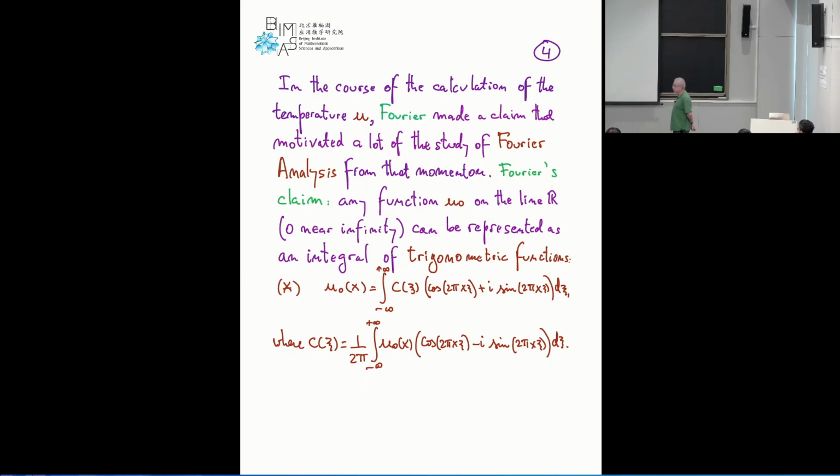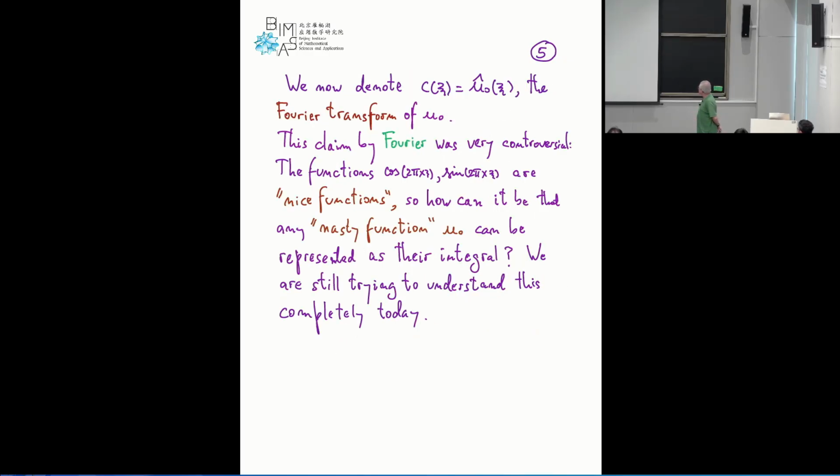And he also gave a recipe to calculate this function c of xi in terms of u0. So it's 1 over 2 pi times the integral between minus infinity and plus infinity of u0 of x times cosine 2 pi x xi minus i sine 2 pi x xi, dx. Okay? So this was Fourier's claim that every function can be written this way. And now we denote this coefficient c of xi, u0 hat of xi, the Fourier transform of u0. Okay?